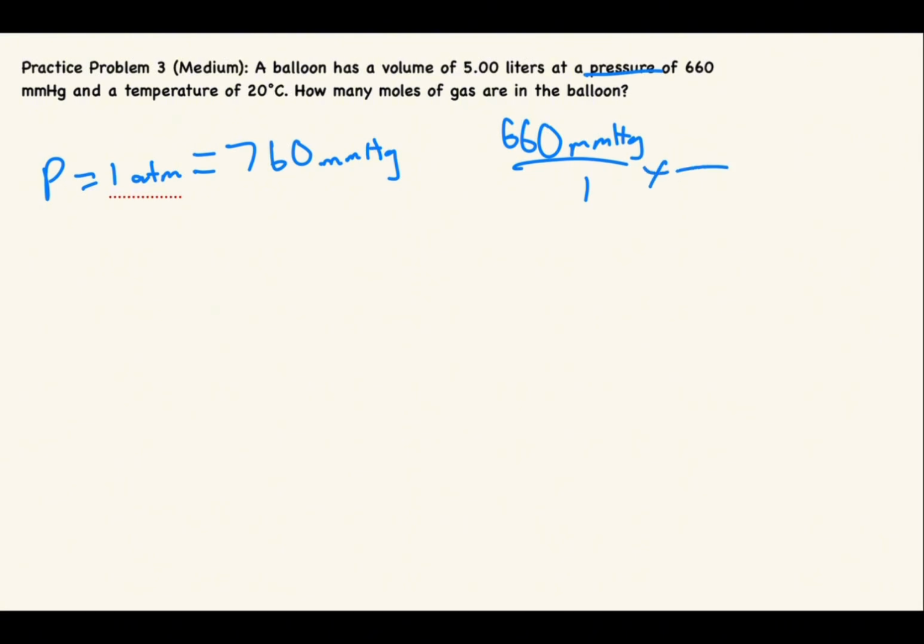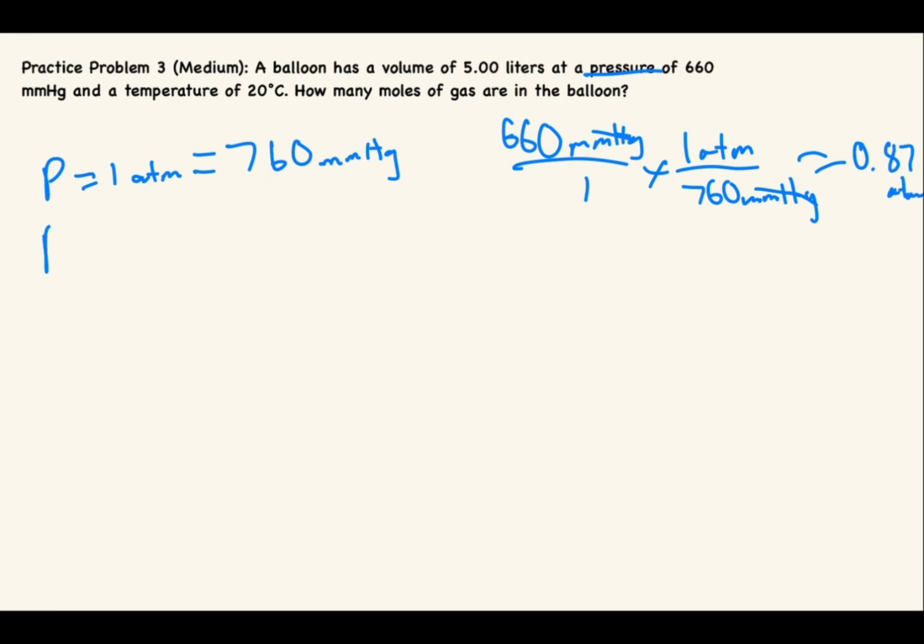Set that over 1, and then we'll say, okay, we're trying to get it to atm, so that'll be on top. And we'll put 760 millimeters of mercury on the bottom. We will cancel the units and get an atm value. And that would be 660 divided by 760, giving us a value of 0.87 atm. So there we go.